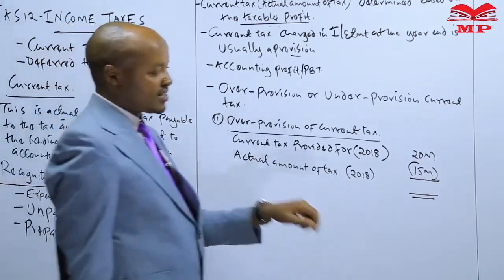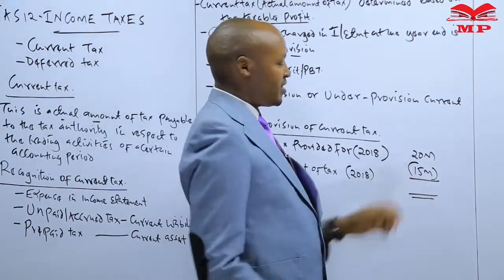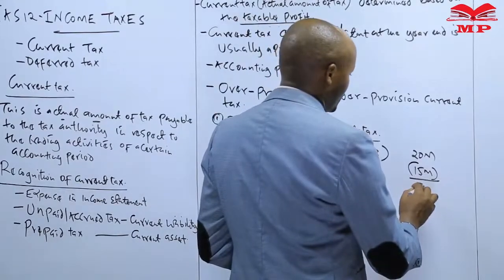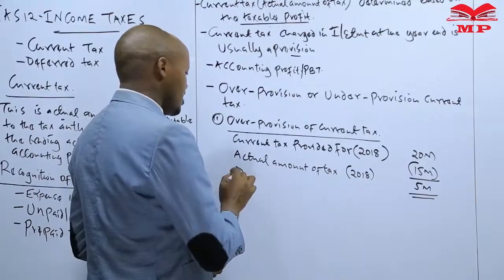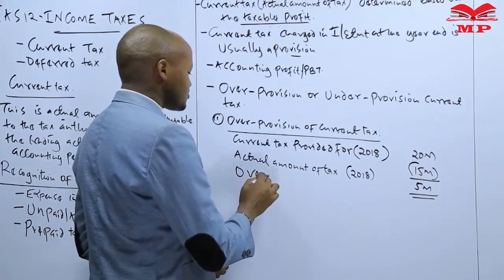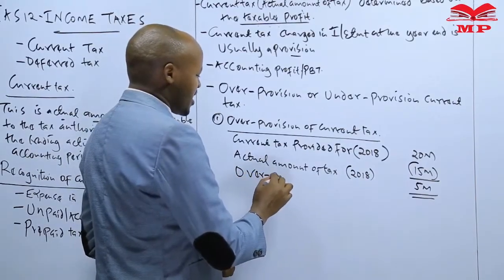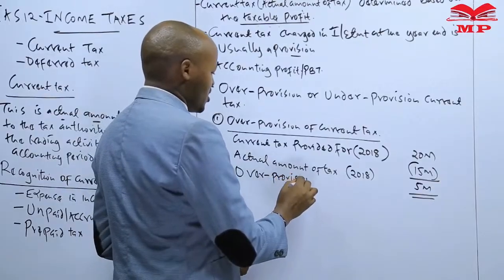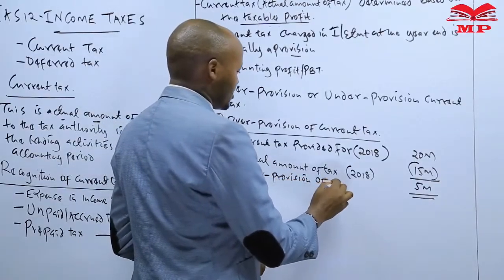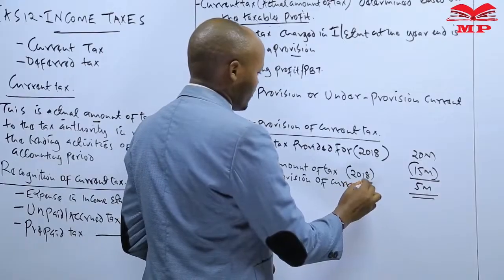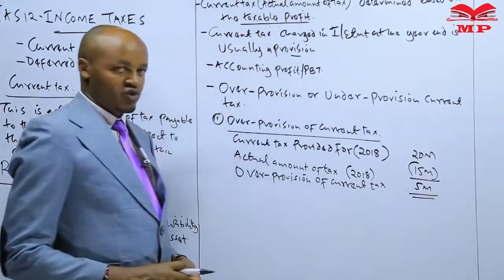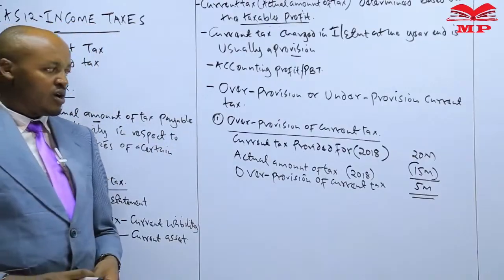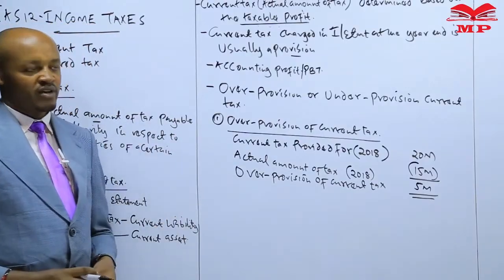So the amount which was provided for in the income statement is 5 million more than the actual amount of tax which was paid. Now that 5 million, we refer to as an over provision of current tax.